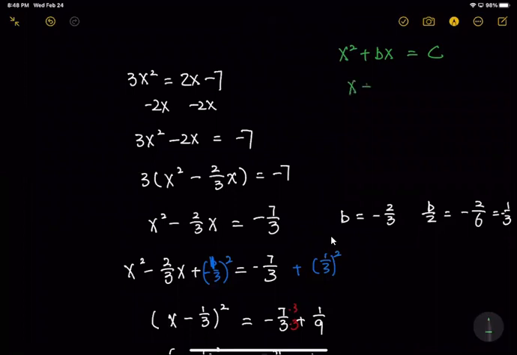And we want to construct a perfect square by adding (b/2) squared on both sides.